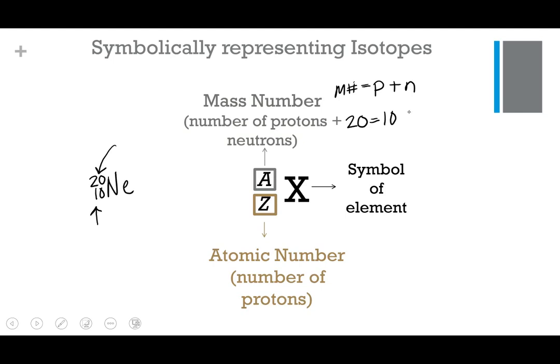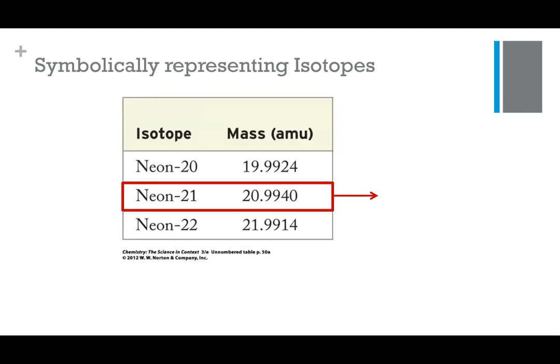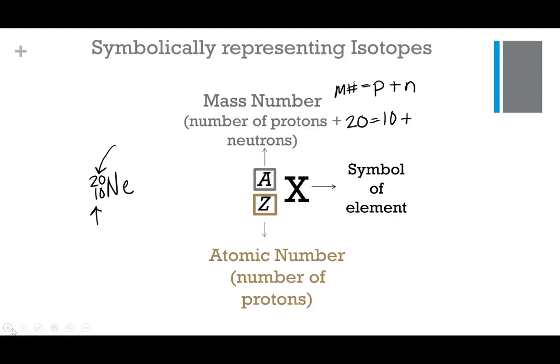I can use simple arithmetic to determine the number of neutrons. So 20 minus 10 is going to give me 10 neutrons. So neon 20 is going to have 10 protons and 10 neutrons.